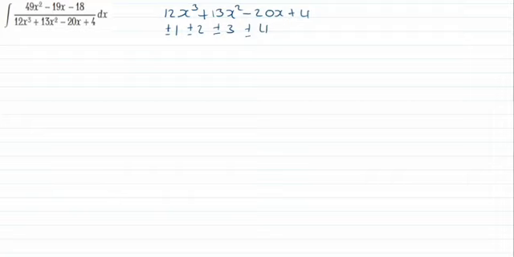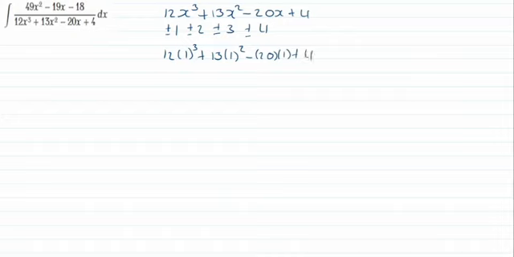So the way to check it, for example, when you get a positive 1, you are going to say 12 open 1 to the power 3 plus 13 open 1 squared minus 20 multiplied by 1 then plus 4.